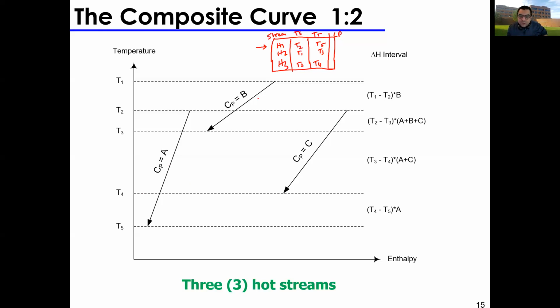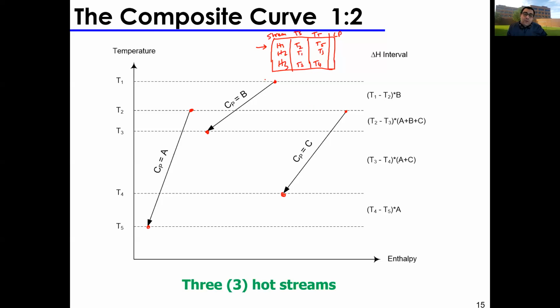And then I just basically dropped my starting point here and my final point here for these 3 streams, right? So stream H1 from T2 to T5, I just indicated this point here and this point here. H2 is from T1 to T3, and H3 is from T2 to T4, right?